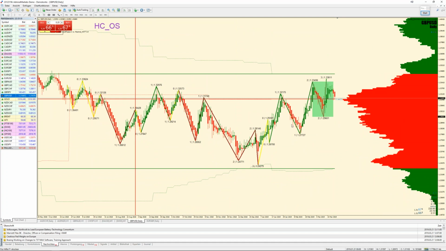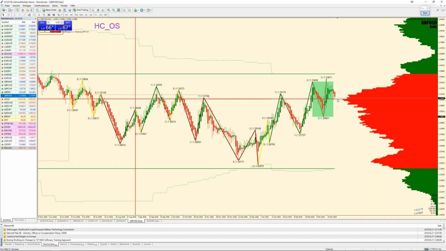You see, we have a trend, we were in the movement, and now the correction maybe will end exactly at the point of control in the daily chart. It's the same in the hourly chart or wherever you want to make trades.